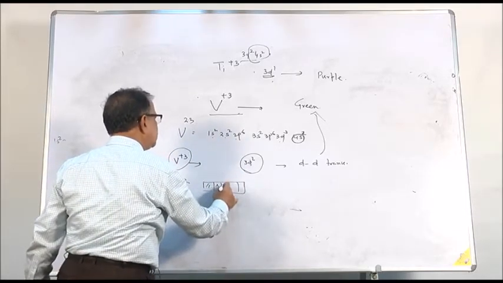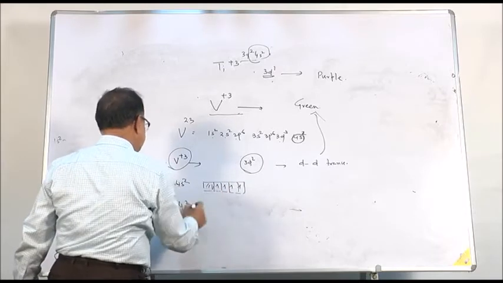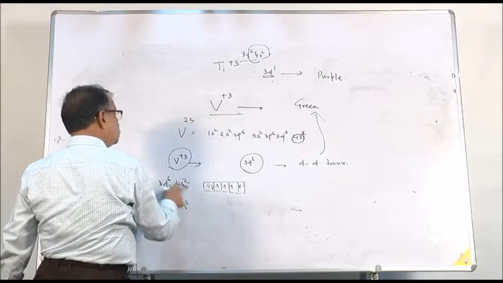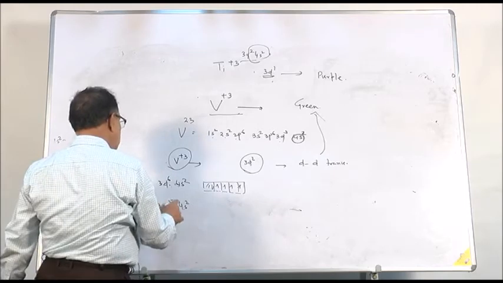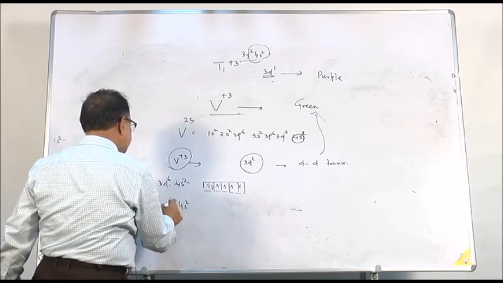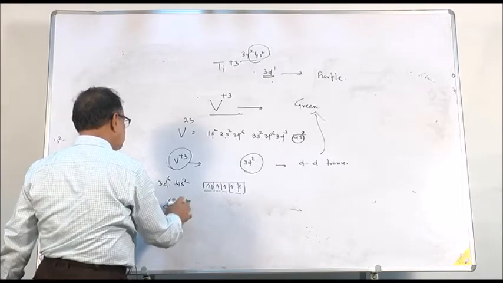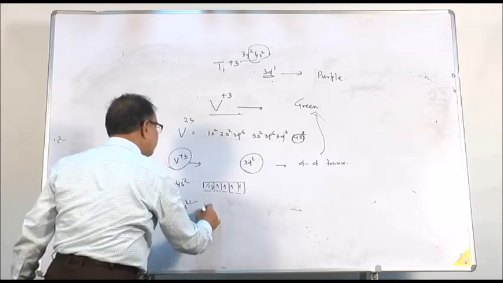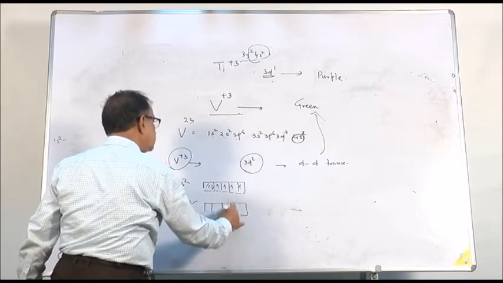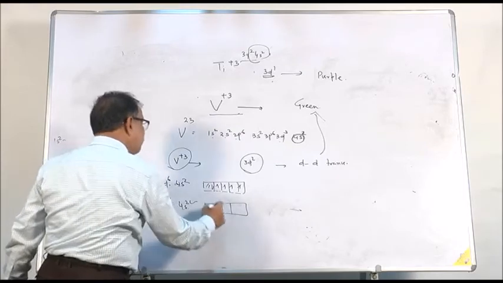For Fe3+, removing 2 electrons from 4s2 and 1 more gives 3d5.